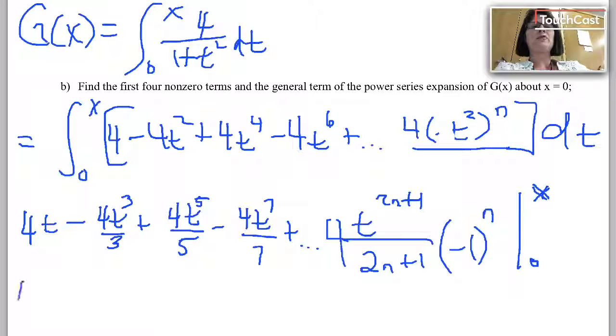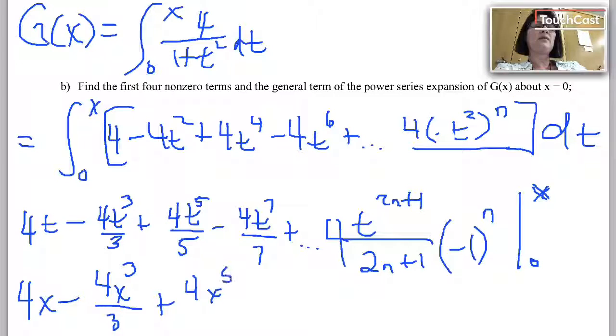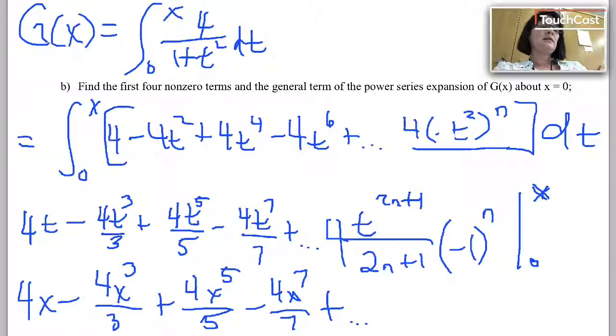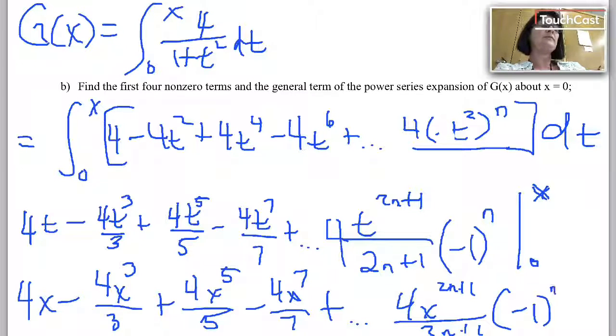So I'm going to end up with 4x minus 4x cubed over 3 plus 4x to the 5th over 5 minus 4x to the 7th over 7 dot dot dot. That's 4x to the 2n plus 1 over 2n plus 1, and that's a negative 1 to the n. Final answer.